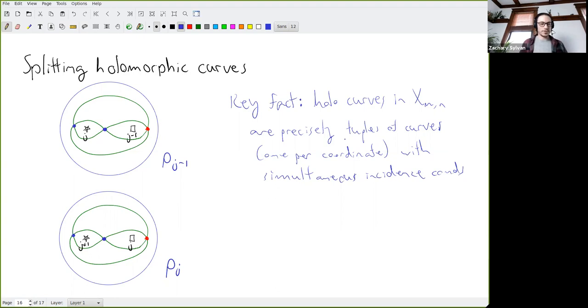In other words, let me do an example. Let's say we want to find some disk which is non-trivial in row J. So maybe we look at this thing. Highlighter, please.